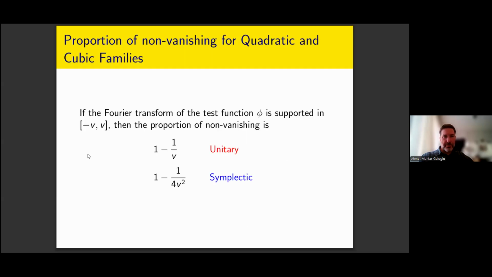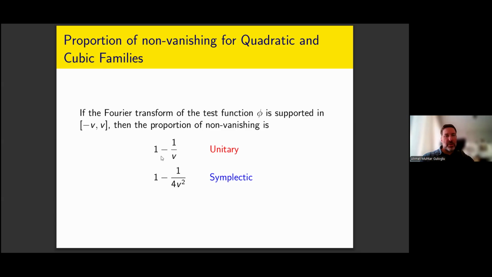So that's what I was saying. I just wanted you to compare what's going on. Because I was working on cubic L functions associated with cubic families, I wanted to compare them to the quadratic case. So as I told you, if the Fourier transform of your test function is supported on this compact interval, then for cubic families or higher degree characters, you will get a unitary family.